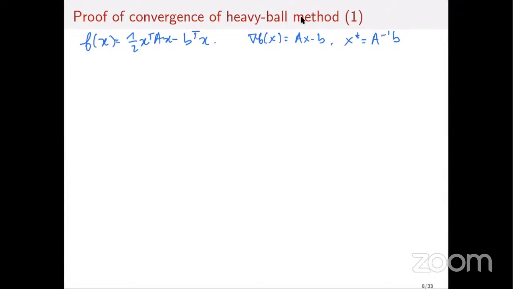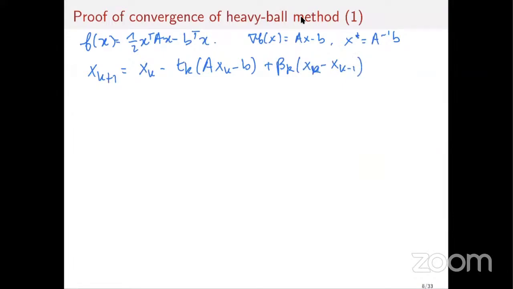Okay, so now my iteration rule is x_{k+1} equals x_k minus t_k times the gradient, so in this case it's Ax_k minus b, plus beta_k times x_k minus x_{k-1}.